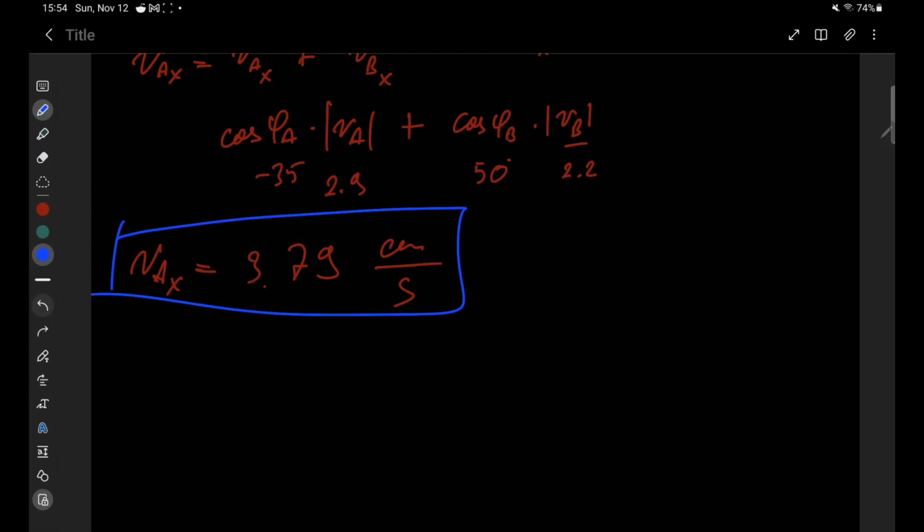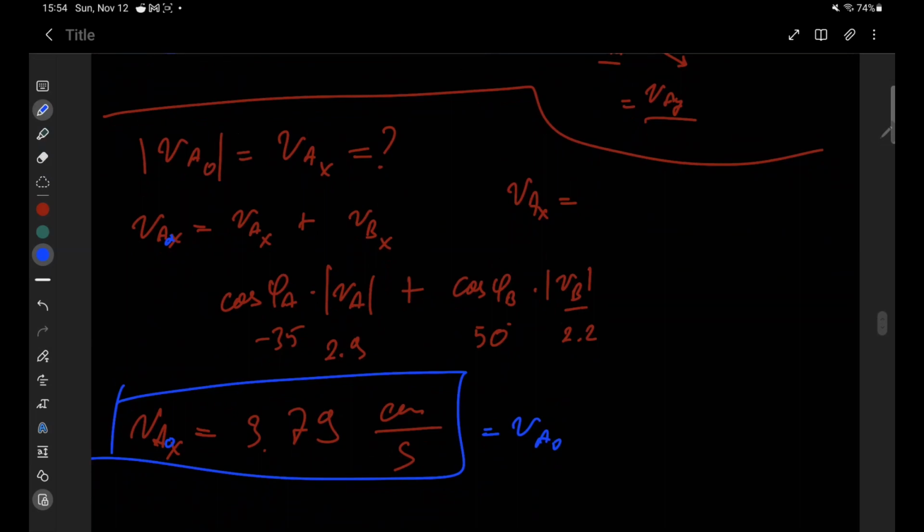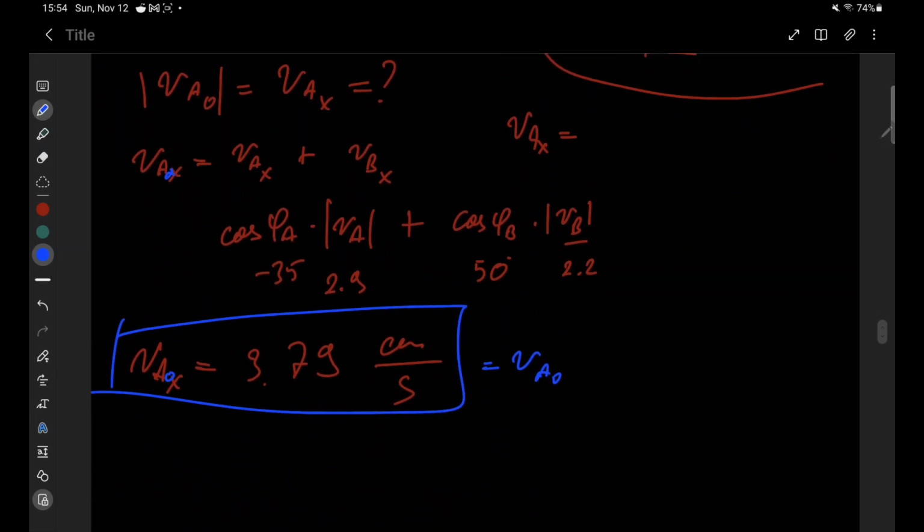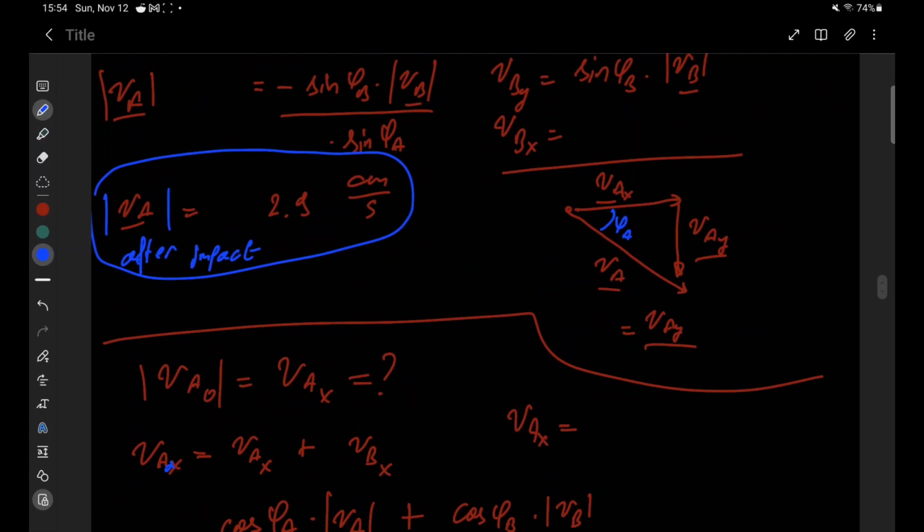Why? Well, because then it would say that our velocity before, oh, it should be a 0, I apologize. Velocity before impact would be smaller than velocity after impact, which doesn't make sense. So our velocity before impact is 3.79 centimeters per second, our velocity after impact 2.9 centimeters per second.